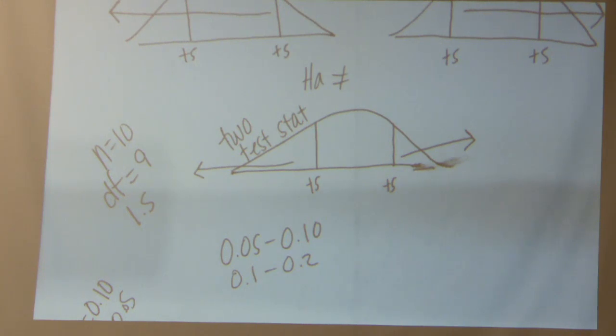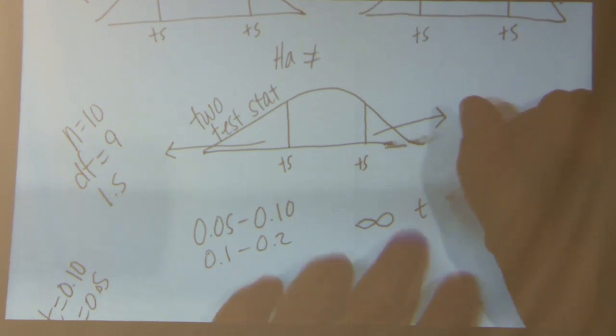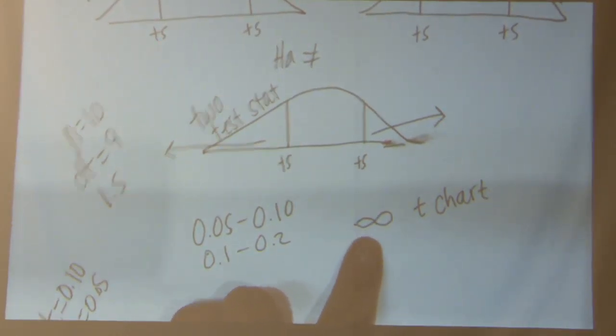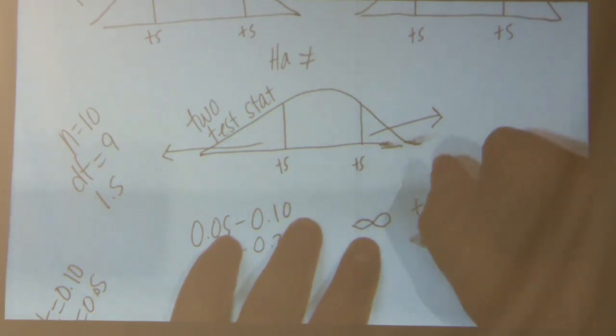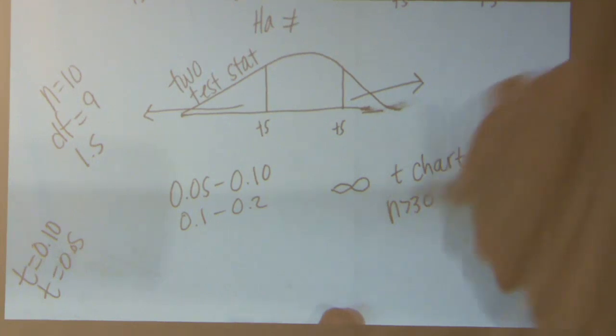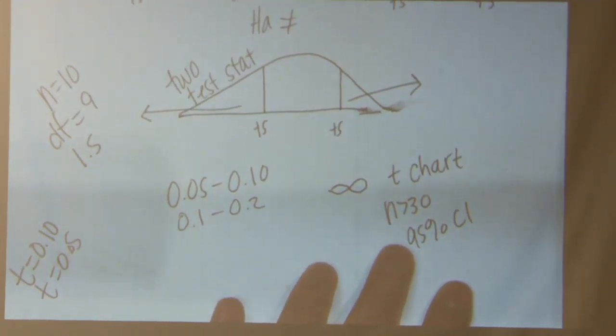So if you guys look on your t-table, way at the bottom, there's going to be a row that's labeled infinity. So the infinity row on your t-table, or your t-charts, that's going to be used. You can use this for when your n value is greater than 30. So let's say that they gave you a 95% confidence interval.